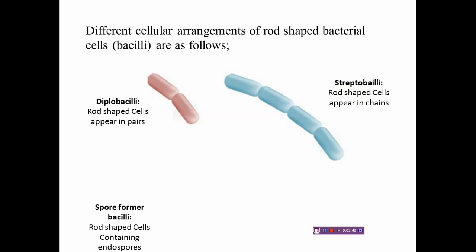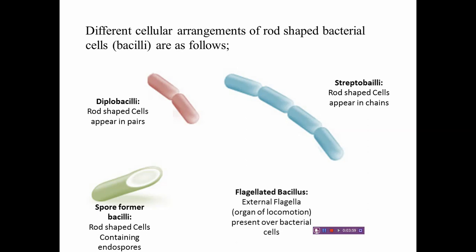Sometimes the cells, they contain egg-like dormant structure inside, which is called as endospore. And if endospores are present in the cells, they are called as spore former bacilli or sporulating bacilli. Example is all the species which belong to Bacillus genus, they are mostly spore former.